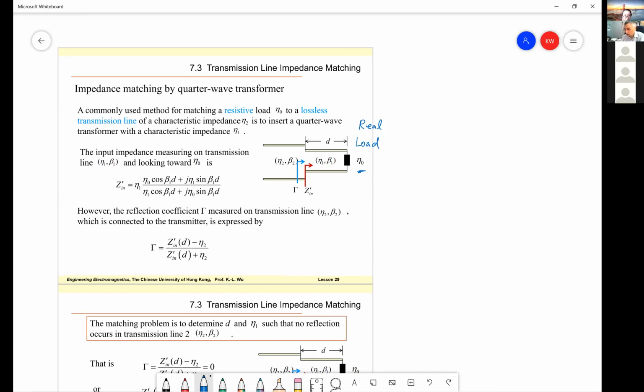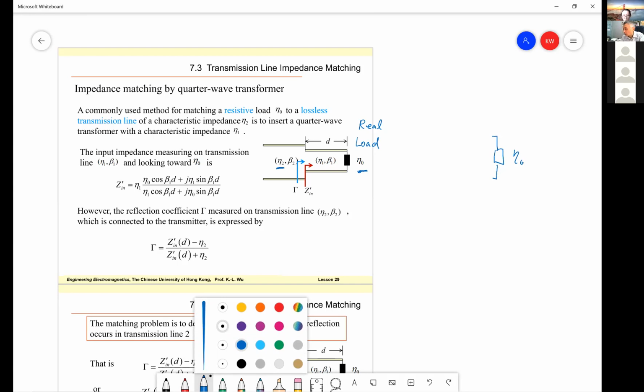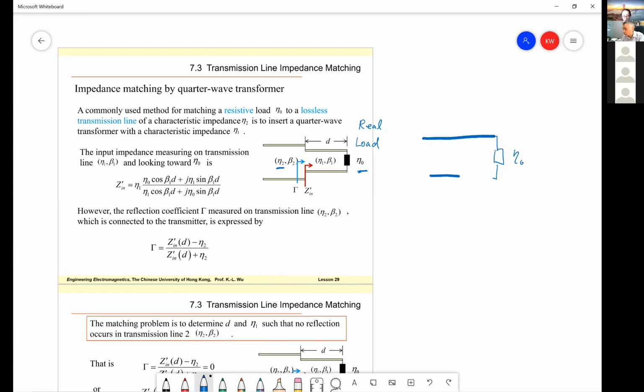But when the load is real, why connect a transmission line with a different characteristic impedance? Say this is a load, and I use a thicker line to indicate this is a transmission line.